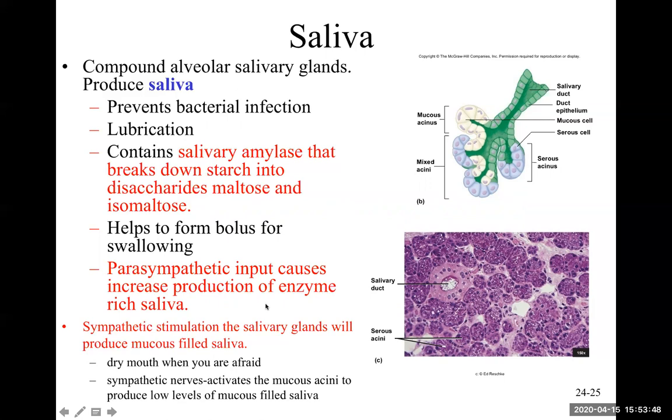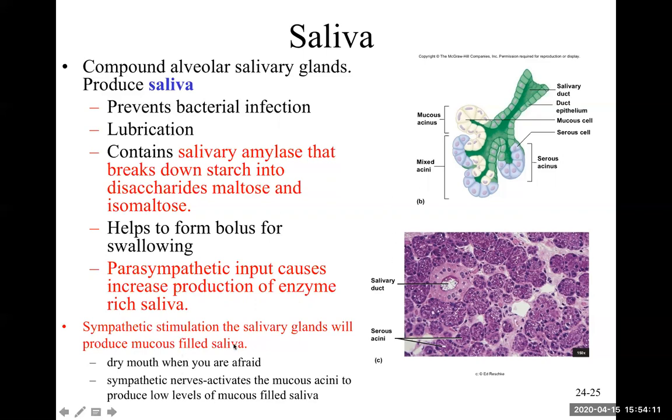The parasympathetic activation causes more of your parotid glands to activate, and you have more enzyme-rich solution going into your mouth because you're eating, and you want those enzymes to break down food particles in your mouth.